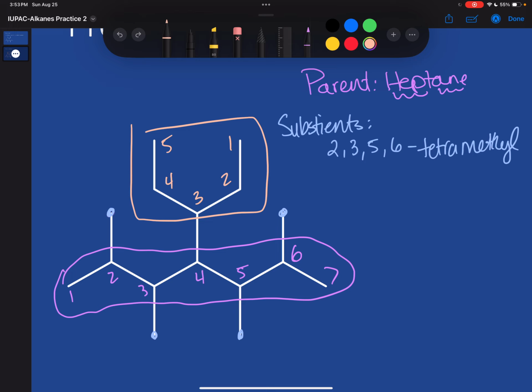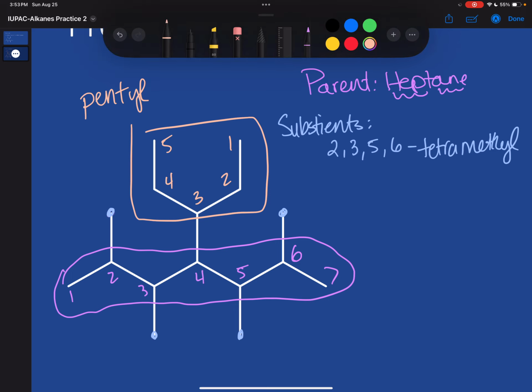So I know that the mini parent, if you will, of this substituent should have a pent prefix because there's 5 carbons, but it's still a substituent. So be careful here. It is still a substituent. I still have to add that yl to indicate that, right? So this is still going to be a pentyl.